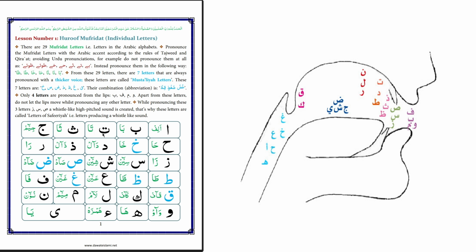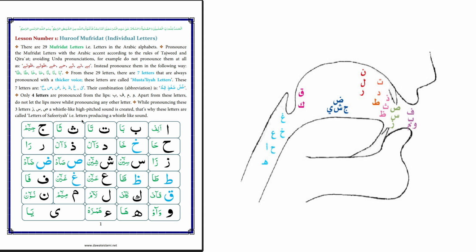Next, Ta. Ta comes from using your tongue to touch the back part of your front teeth, right? So the upper frontal part. Next, Tha.